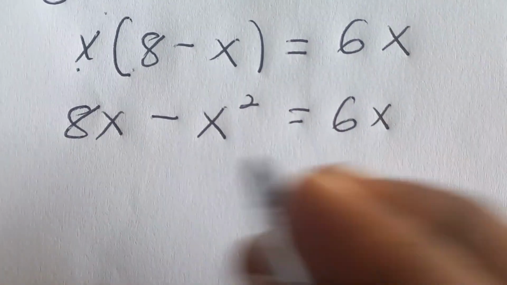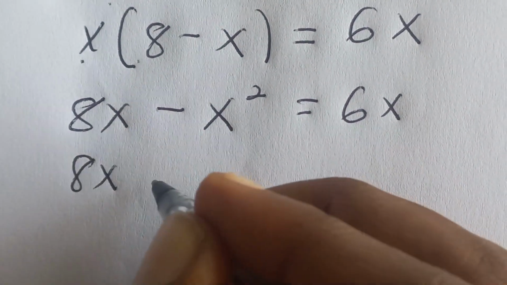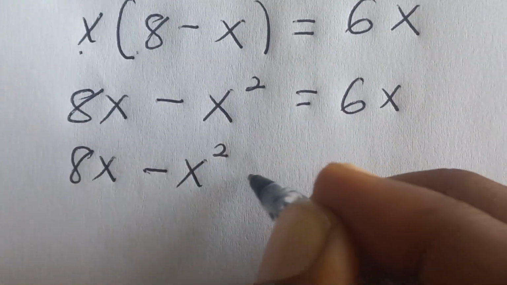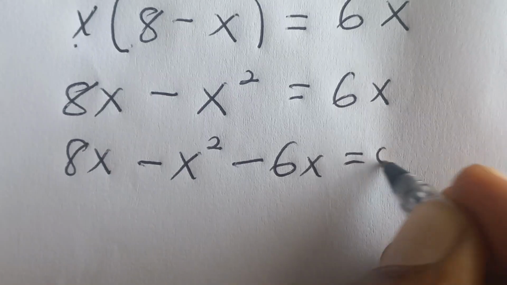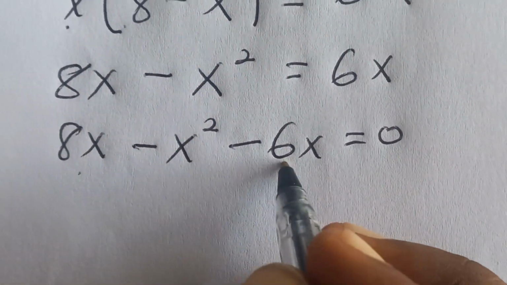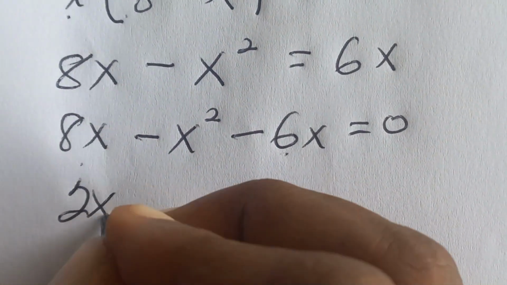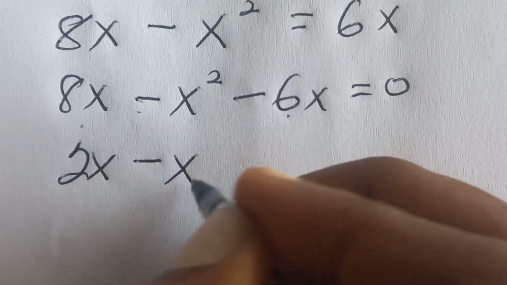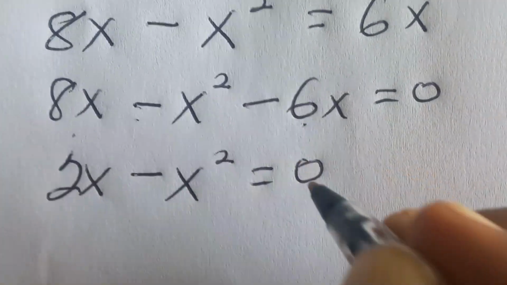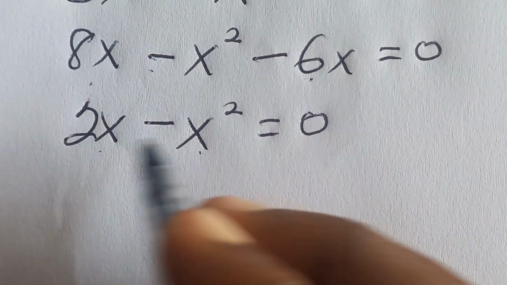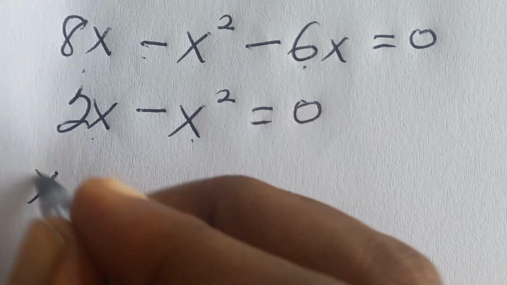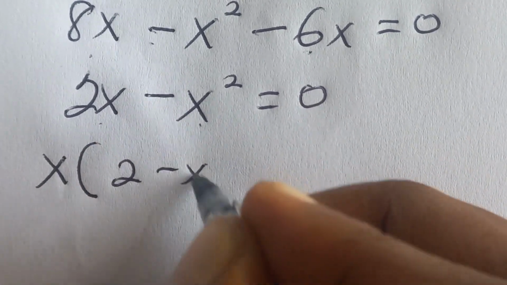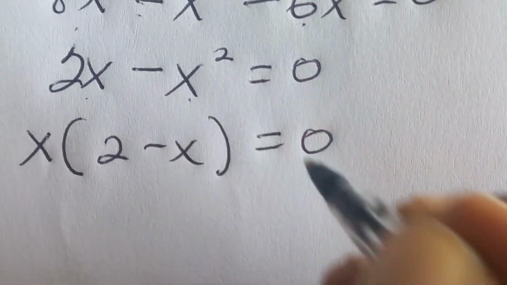So now we have 8x - x² - 6x = 0. 8x minus 6x, we get 2x minus x squared, which is equal to 0. Now we have x in common, so we say x(2 - x) = 0.